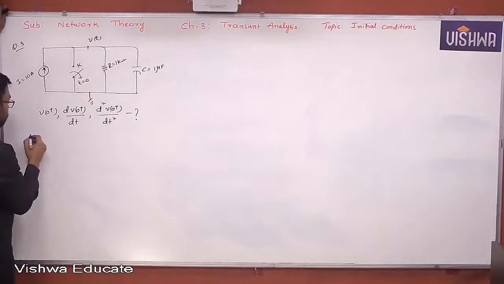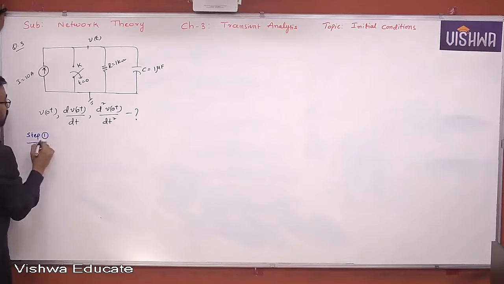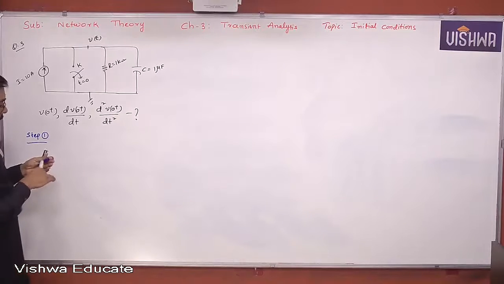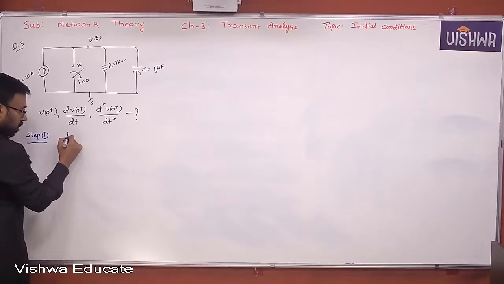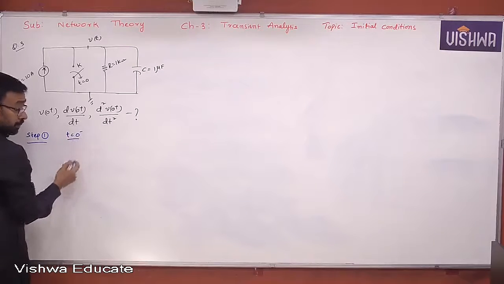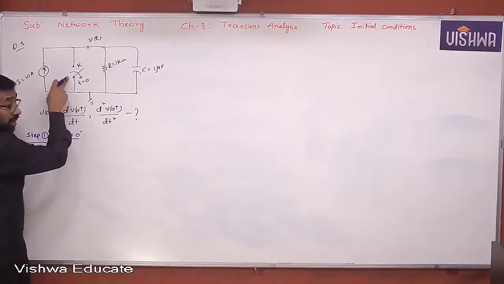Step 1. What is step 1? Construct the t equal to 0 minus equivalent network. Look at the switching operation.